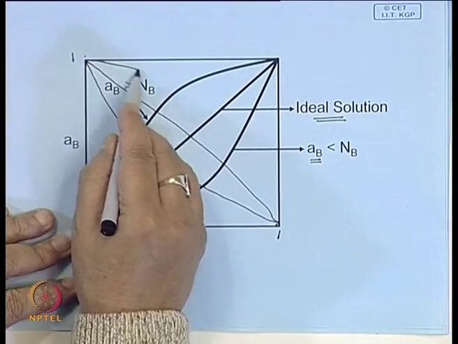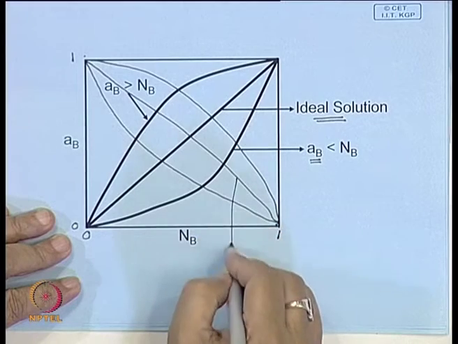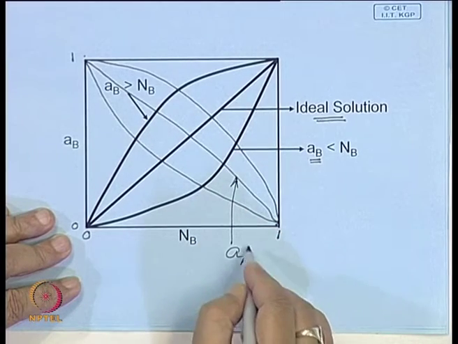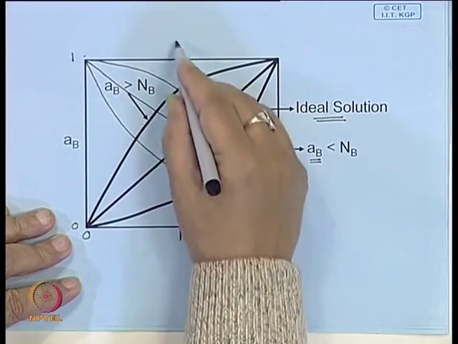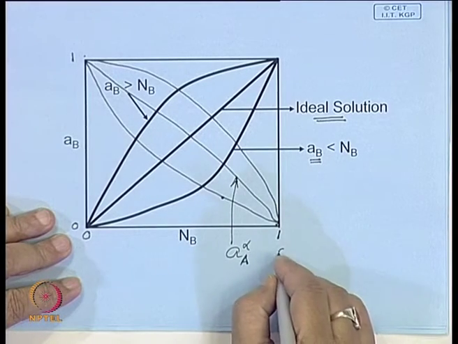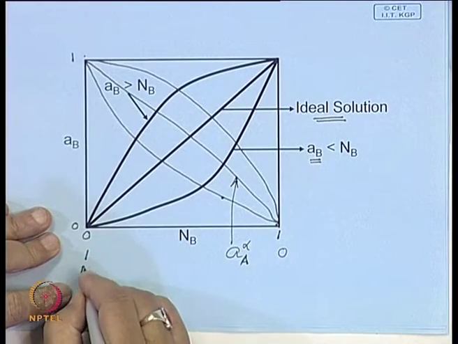You can also think about a positive deviation. So, this is the activity of A in alpha. Here also it is a negative deviation, and here N A is 0, and here N A is 1.